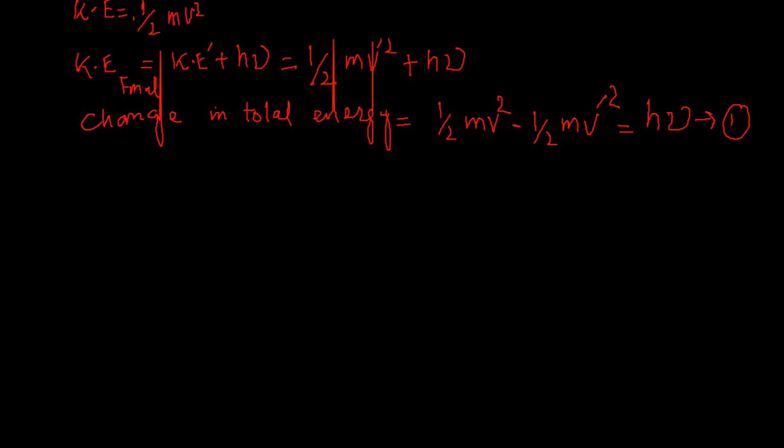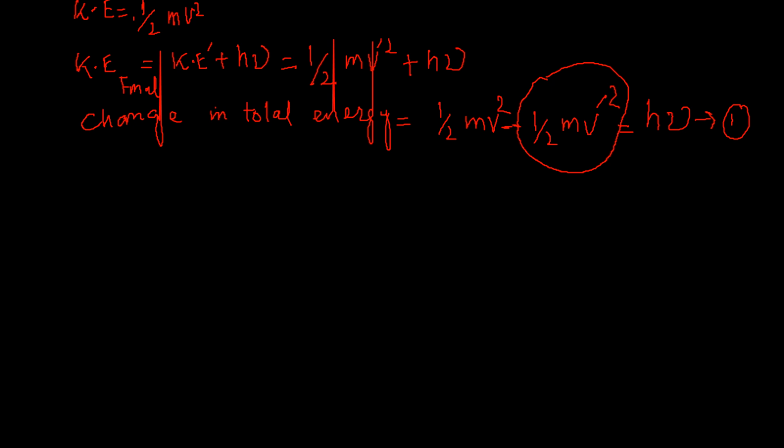So the half mv dash square kinetic energy term will become zero if you want to produce continuous X-rays with a very short wavelength.